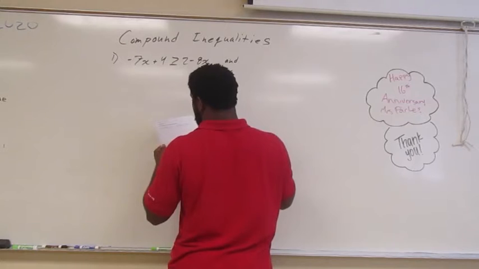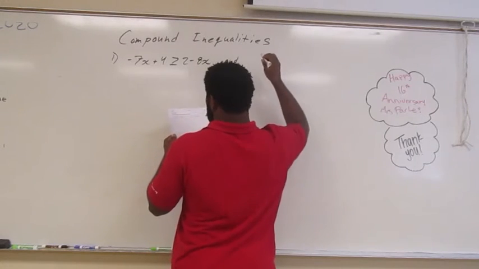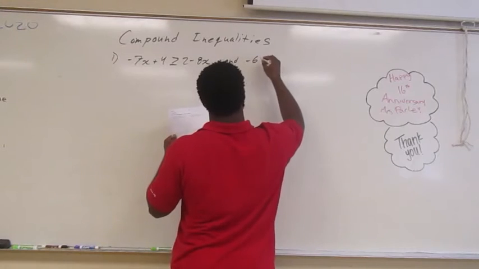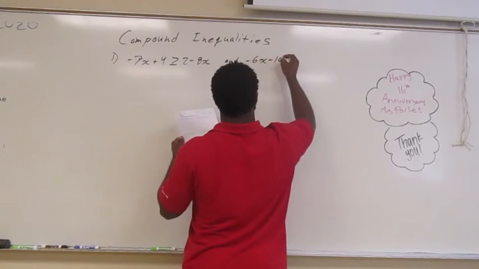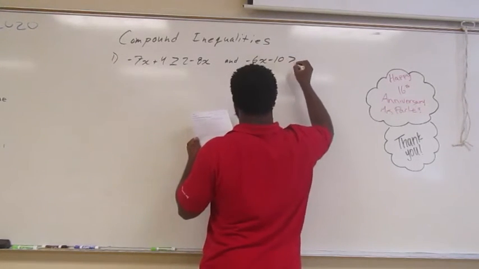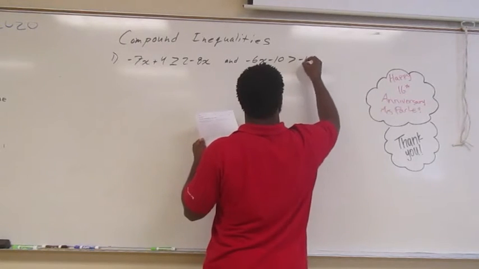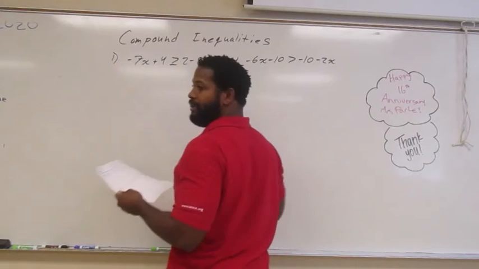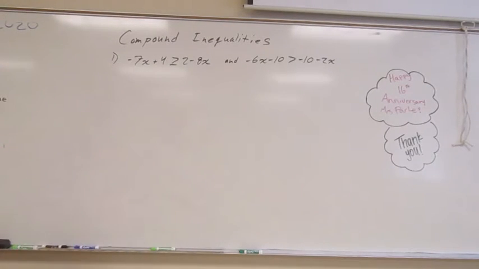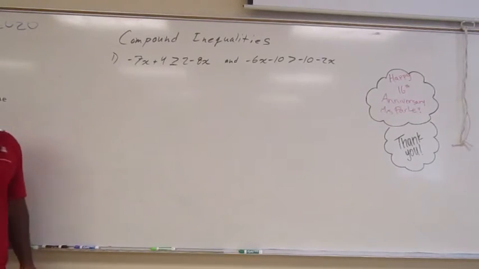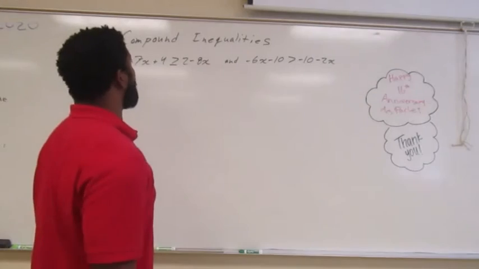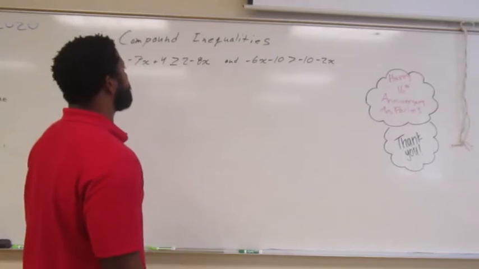Well, let me just do 1 and 3. And -6x minus 10 is greater than -10 minus 2x. All right, so let's look at this, shall we?